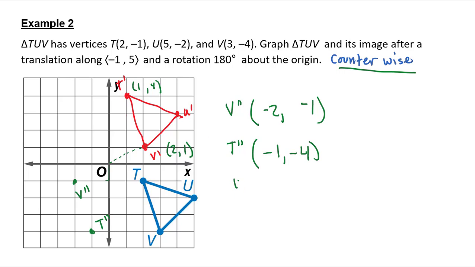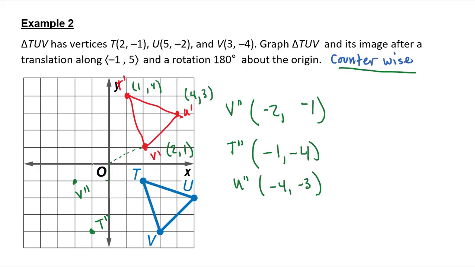And then U. U is 1, 2, 3, 4, up 1, 2, 3. Again, they just both change signs. (-4, -3). And you're done.